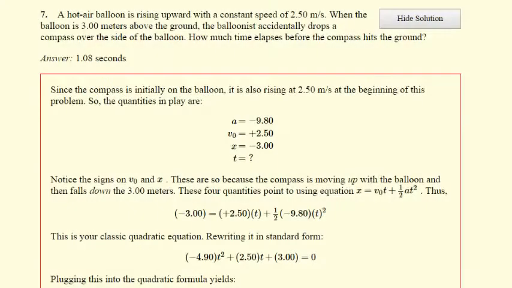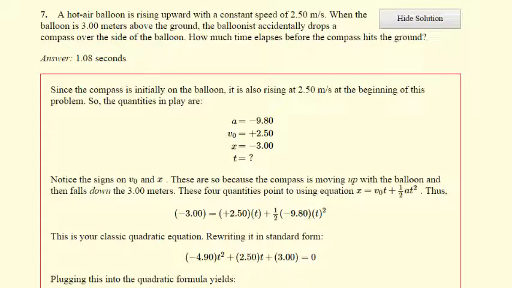Anything else? All right, let's do number 7. This has kind of the same trick in it. I actually forgot that trick was in number 8 as well, but we'll see it again. In problem number 7, you have a hot air balloon rising upward with a constant speed.